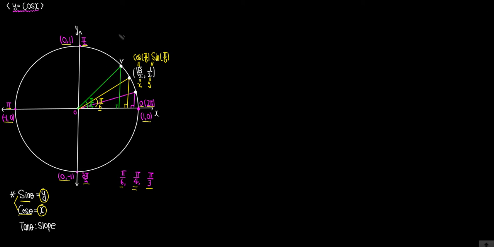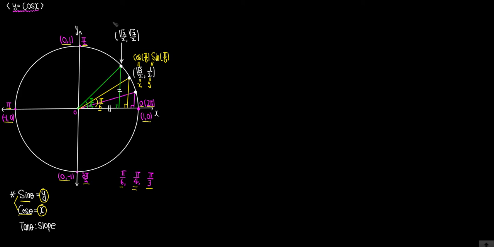And just like we did in our previous videos, we can describe this coordinate right here using the right triangle ratios of the 45 degrees main angle. It will be square root of 2 over 2, comma, square root of 2 over 2. That means the x and the y values will be exactly equivalent.